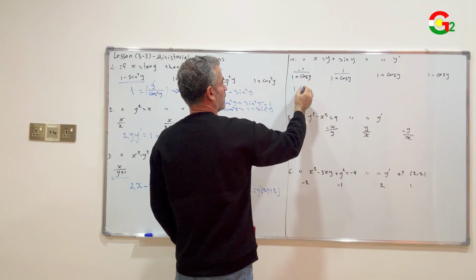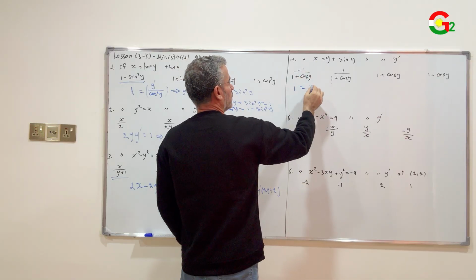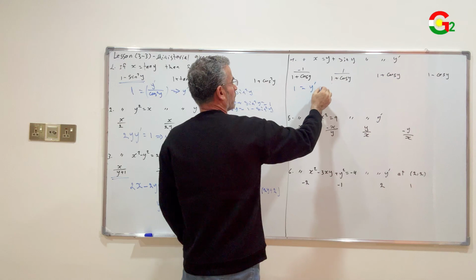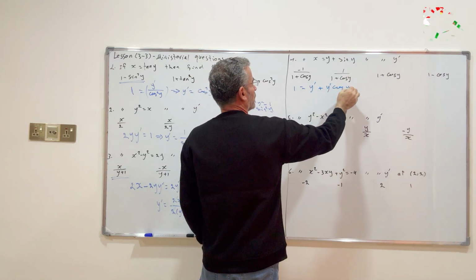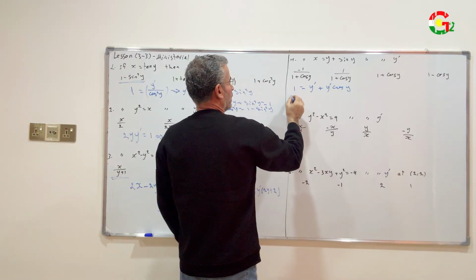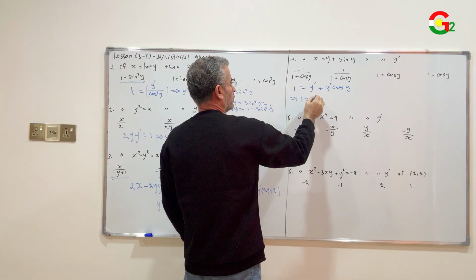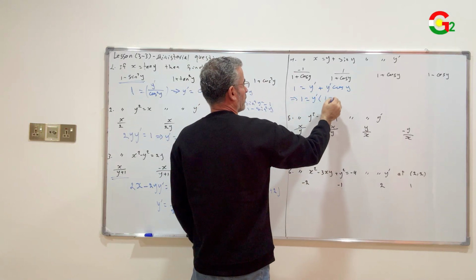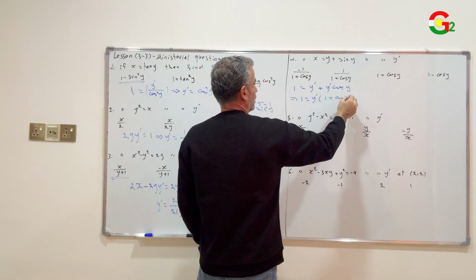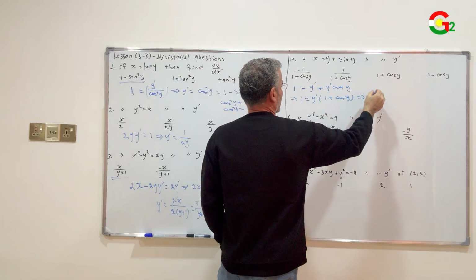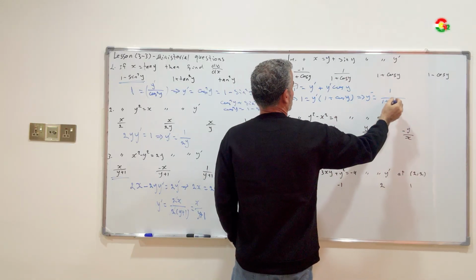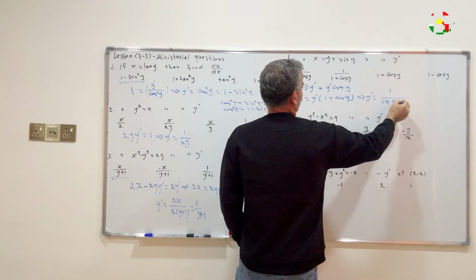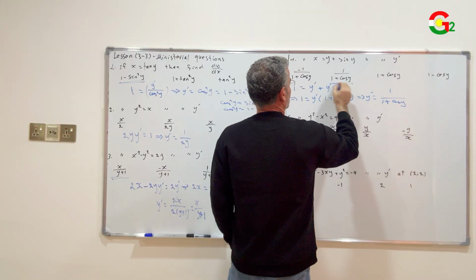Derivative of x is 1 equals y prime plus y prime cosine y. 1 equals, factorize by y prime, y prime times (1 plus cosine y), then y prime equals 1 over 1 plus cosine y. Choice B.